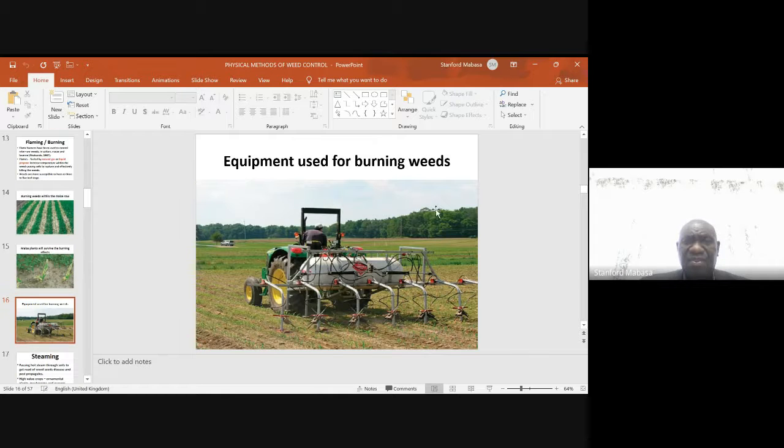Here's the example of equipment which is used in burning weeds. You've got a tank with the fuel, with the pipes. At the end of the pipes, you've got burners which kill weeds.